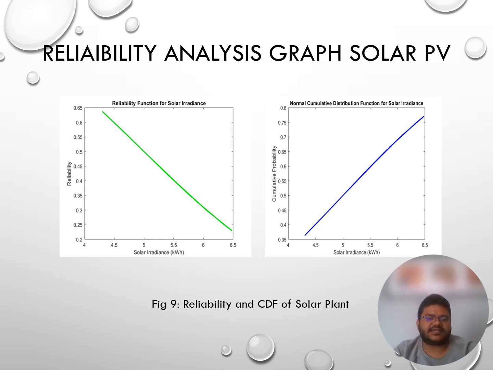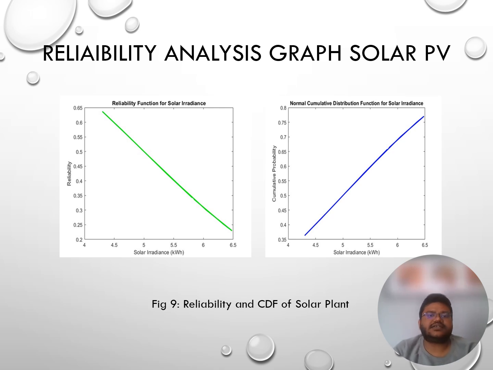We can see that when solar irradiance increases, reliability decreases. So with increasing irradiance the cumulative distribution function increases. So they are inversely correlated.